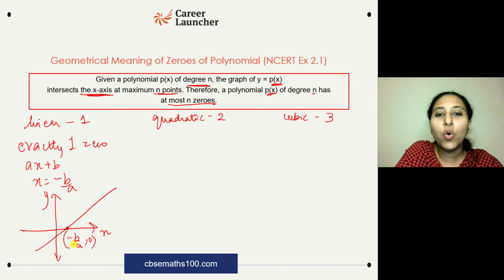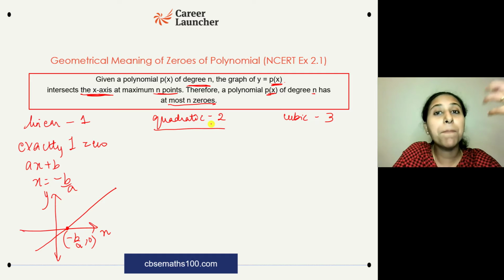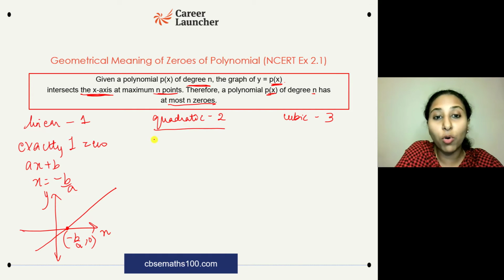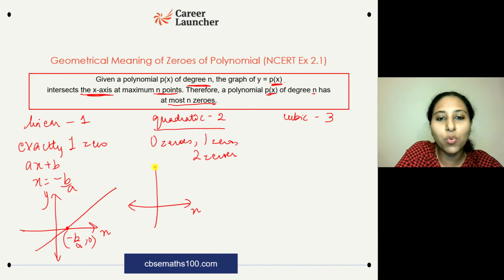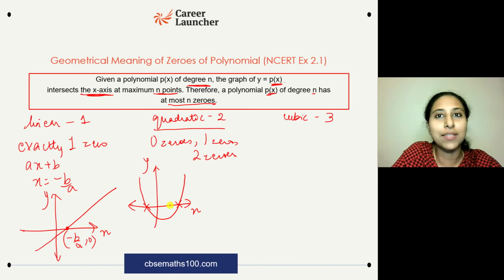All right? Quadratic polynomial. A quadratic polynomial's shape would be a parabola. Now, quadratics can have 0 zeros. It could have 1 zero, or maximum it can have 2 zeros. So when you draw a quadratic, the shape is a parabola. Now there are different possibilities for this. When you have the x and y axis like this, there is a possibility that the quadratic may intersect at exactly 2 points.